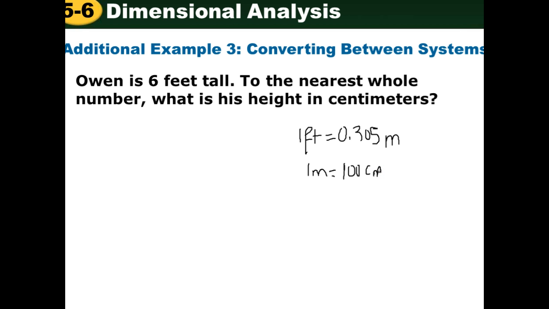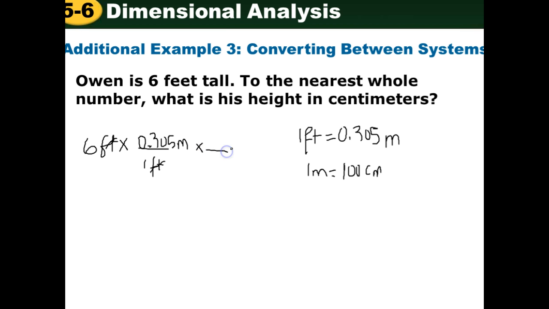So that one is not as easy as the very first ones that we did. So let's go ahead and change this one. So here we have 6 feet times, again, I need to convert feet to meters first. So I'm going to put 1 foot at the bottom so I can get rid of that unit, and 0.305 meters on top.